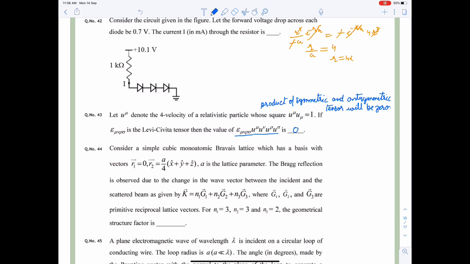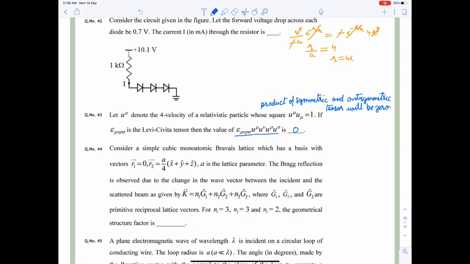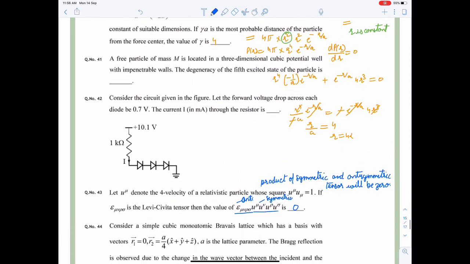You can also check this, that the answer will be 0. Actually this question requires a lot of concepts, so I'm not explaining the whole concept here. What I'm telling you is that this is your antisymmetric tensor, and this is your symmetric. So the product of a symmetric and antisymmetric tensor will be 0. This question is also done.